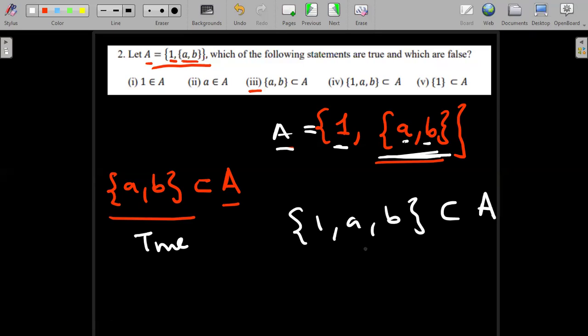When we look at this, we see that 1 is contained in A. But the elements A and B are not contained in A. What is contained in A is the set containing A and B, not the elements A and B. So because the elements themselves A and B are not contained in the set A, this cannot be true.